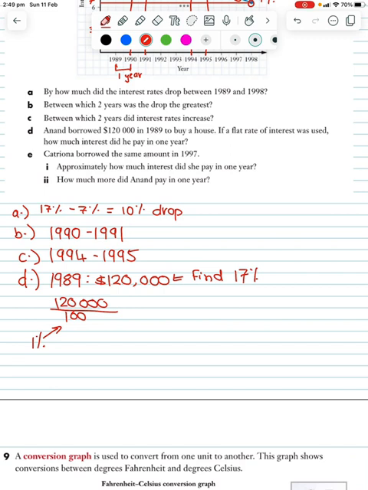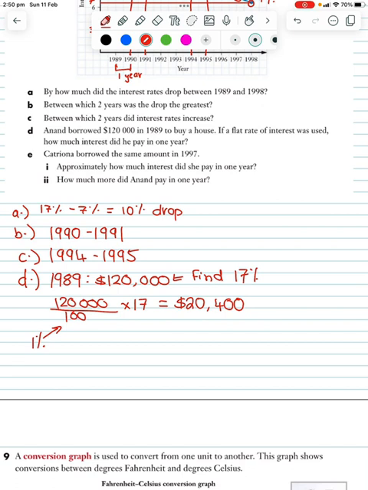I want to find what 17% is though, so I'm then going to multiply that by 17. So if I jump on my calculator and put in 120,000 divided by 100, I'm going to get 1,200, and that's just for 1%. Then I'll multiply it by 17 to get the interest paid as $20,400.